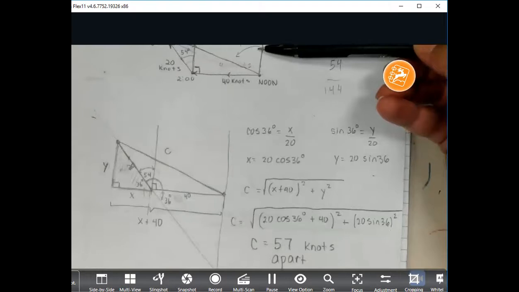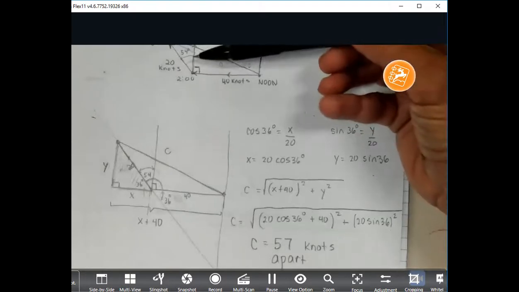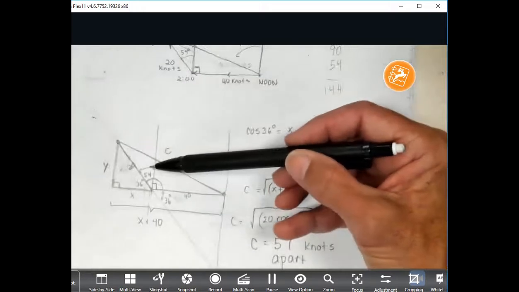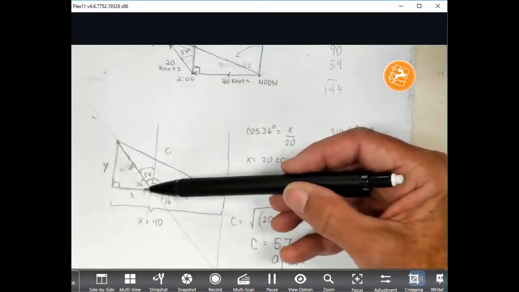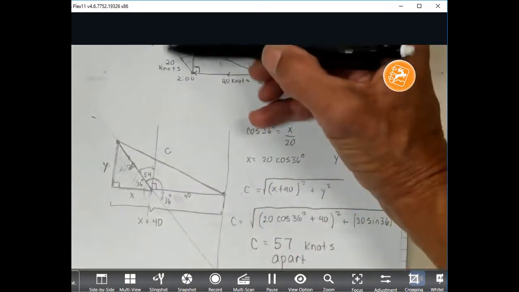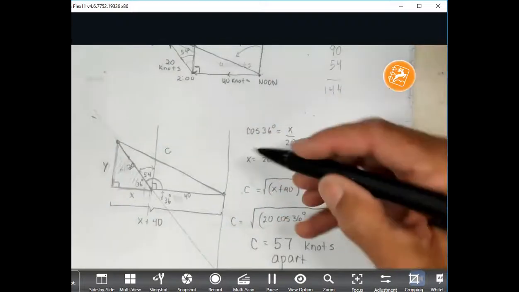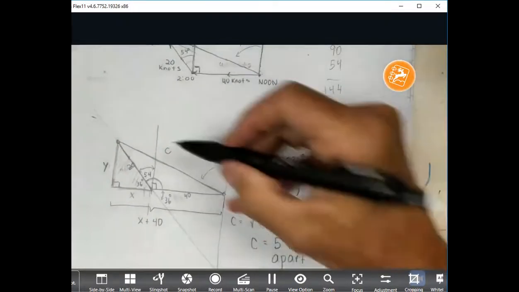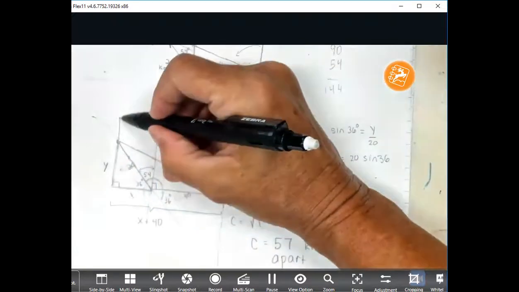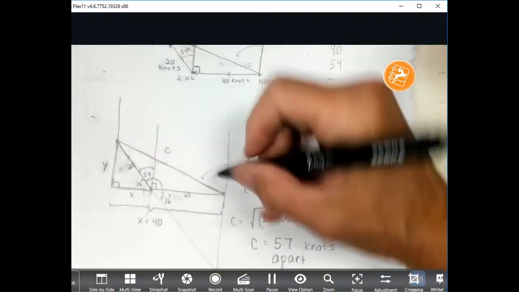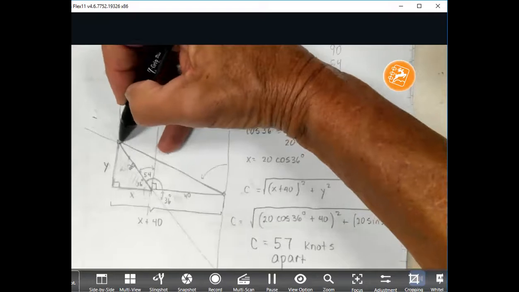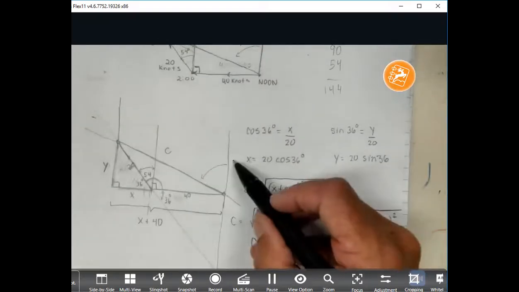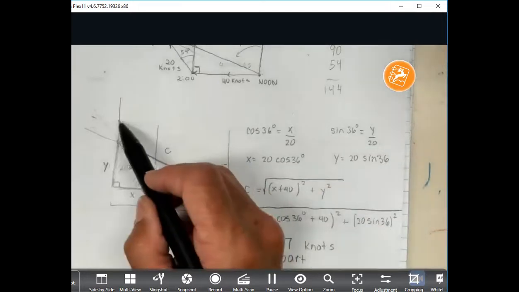So let's see how we're going to do that. We've got this 36-degree angle. We've got a 54-degree angle. We've got this missing triangle down here. What I'm trying to get for this bearing, let's see, if I use these two things here, that angle here would correspond to this angle here.